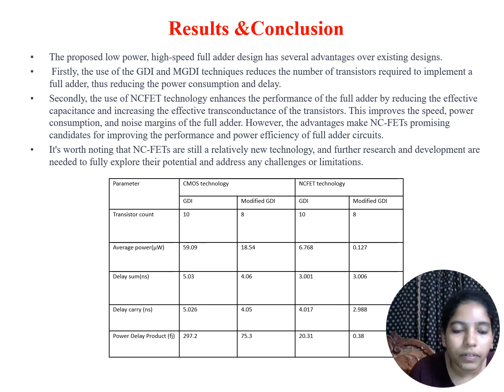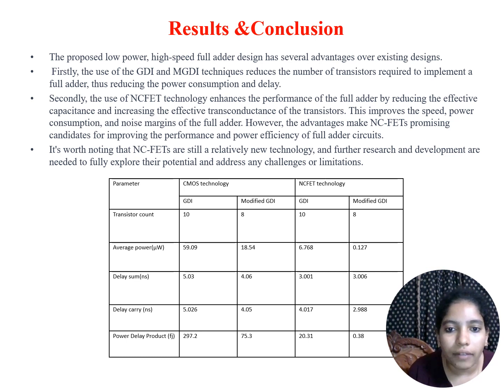Coming to the average power of the GDI full adder in CMOS technology, it is 59.09 microwatts, and for the modified GDI full adder in CMOS technology, 18.54 microwatts. If we observe the same full adders implemented in NCFET technology, they have an average power of 6.768 microwatts, and the modified GDI has 0.127.